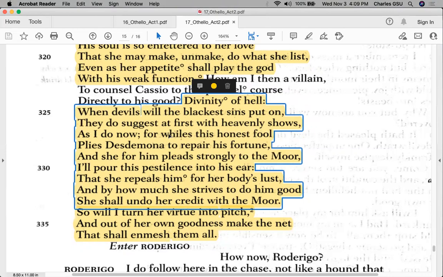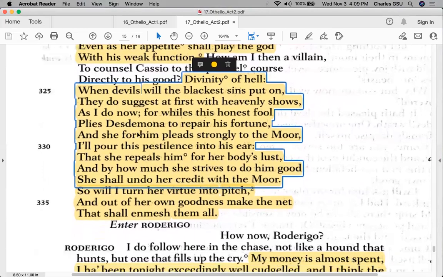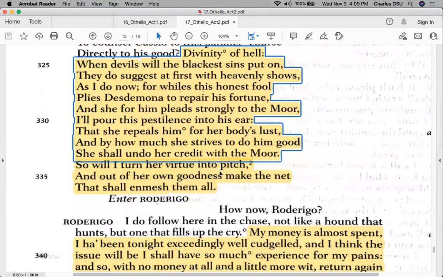He's trying to look like he's being good to Cassio and other people, but in fact, he's sinful and deceitful. So yeah, he's going to, as he says here, undo Desdemona's credit with the Moor, right?